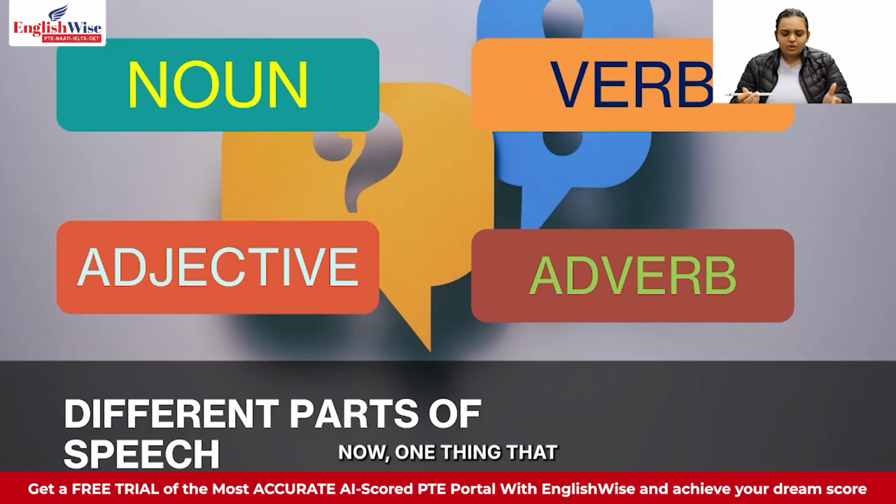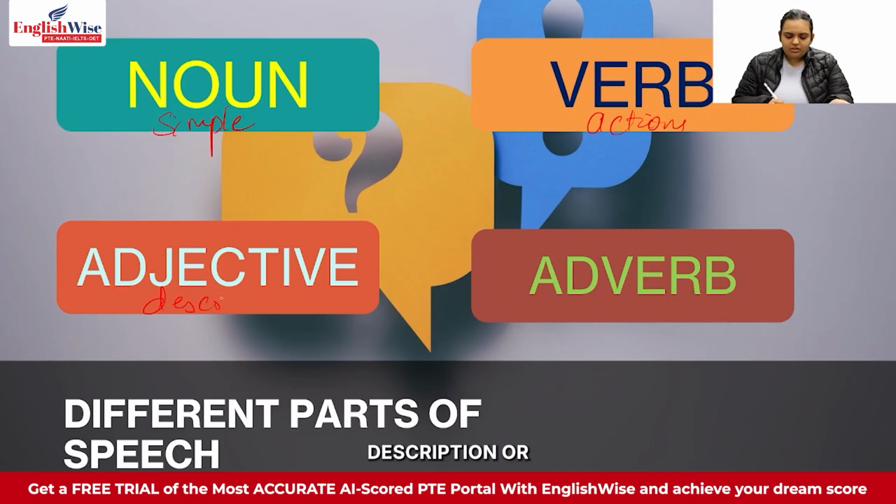Now, for a recap: nouns are simple words, verbs are actions, adjectives are description or describing words, and adverbs are modifying verbs. So these are the things that you have to remember for these 4 parts of speech.